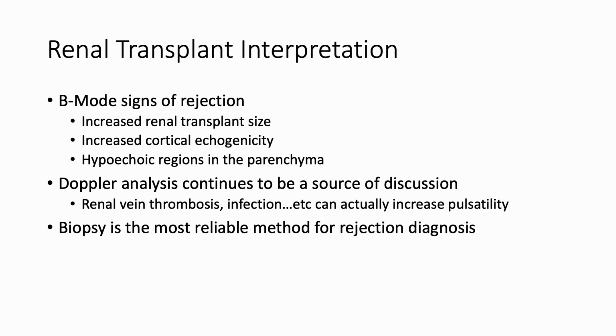B mode signs of rejection are going to be increased renal transplant size, increased cortical echogenicity, hypoechoic regions in the parenchyma. Doppler analysis continues to be a source of discussion. Renal vein thrombosis and infection can actually increase pulsatility in the renal artery, so they don't love to use that as criteria. Biopsy is going to be the most reliable method for rejection diagnosis.